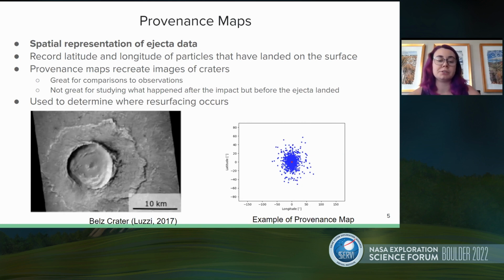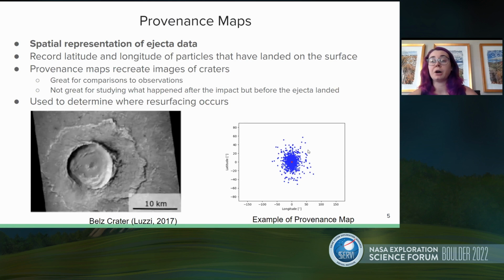Here I have an image of Bell's crater, which is honestly a good example of an ejecta distribution or ejecta blanket. This is kind of what we would be looking at in one of our images.